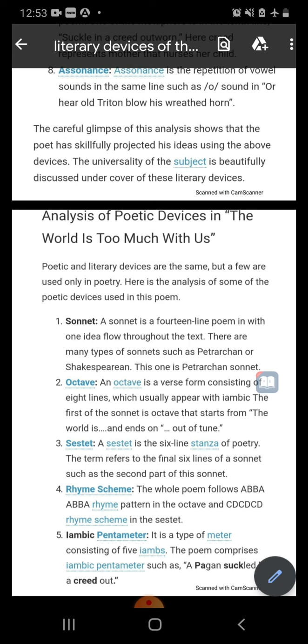So the major poetic device which is used in this poem, "The World is Too Much with Us," is sonnet. Sonnet is a short poem of 14 lines with one idea.